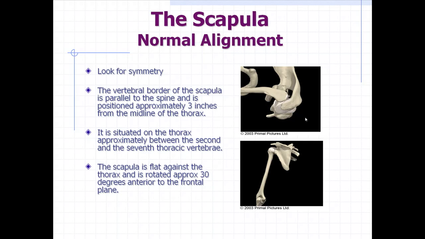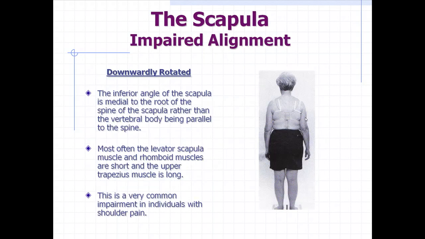The scapular height usually sits approximately between the 2nd and the 7th thoracic vertebrae, and the scapula should be fairly flat against the thorax, and because of the shape of the thorax, should be rotated approximately 30 degrees anterior to the frontal plane. But there shouldn't be any winging or abnormal tilting.